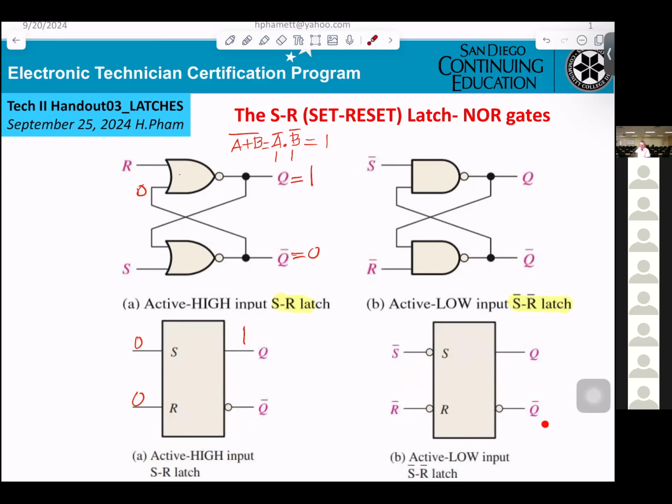My question is, if you're looking into the symbol, what is the difference?